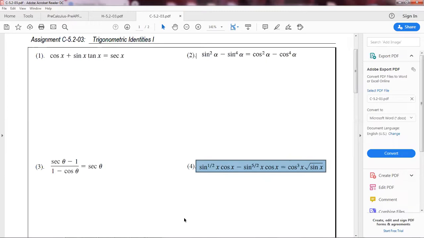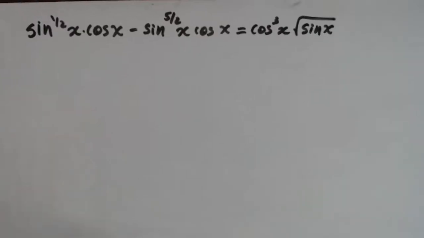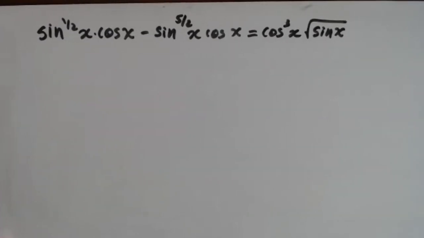Sine to the 1/2 x cosine x times minus sine to the 5/2 x cosine x has to be cosine cube of x square root of sine x. Oh my God. Almost a heart attack, correct? No, I'm not going to graduate. This is impossible. I cannot do this.